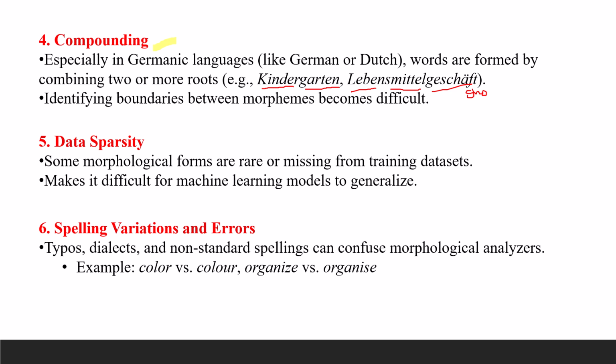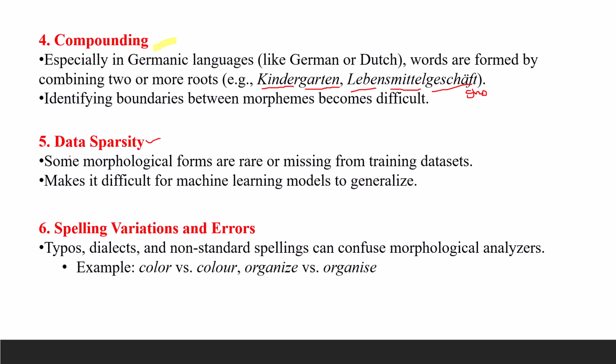Coming to the next one, data sparsity. Some morphological forms are rare or missing from the training dataset, which makes it difficult for machine learning models to generalize.